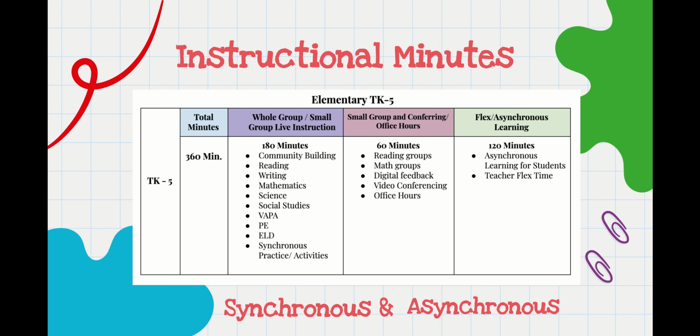Asynchronous learning can be online or offline, but it is not live instruction with the teacher. It could be pre-recorded lessons, computer programs, or at-home activities. Throughout the day, there will be synchronous and asynchronous opportunities for your child, and what's important is that students need to be present for synchronous opportunities in order to participate.